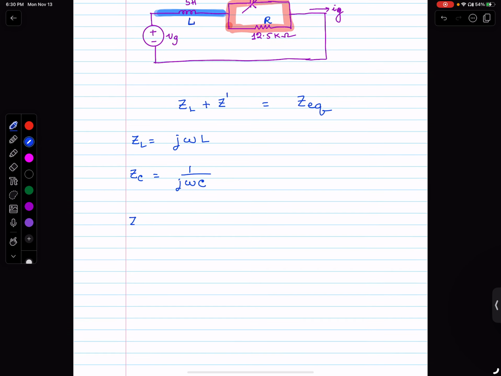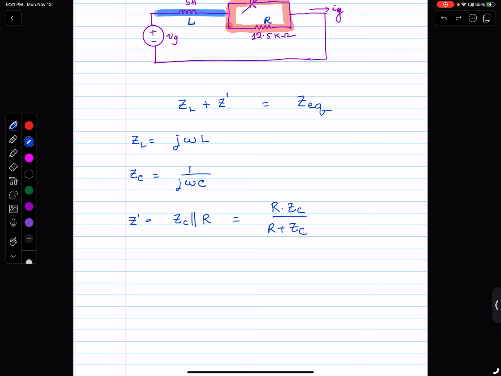Now Z prime is simply ZC in parallel with R, which is simply R times ZC by R plus ZC. Remember, if you have two resistances R1 in parallel with R2, the equivalent is R1 R2 by R1 plus R2. That is simply the equivalent of two parallel resistances. That's what I'm using here. R times ZC by R plus ZC.